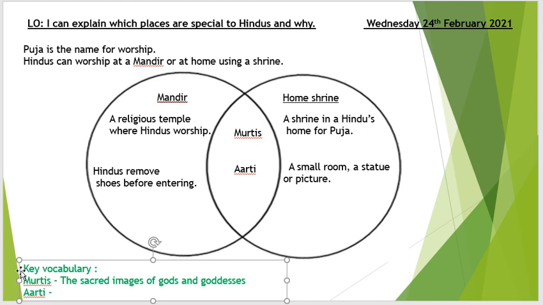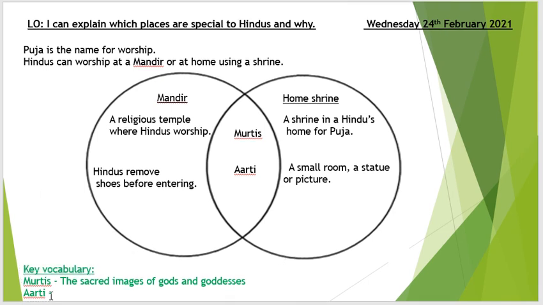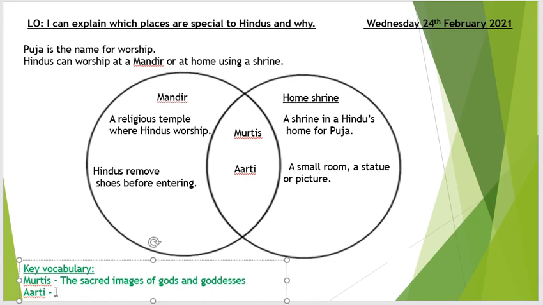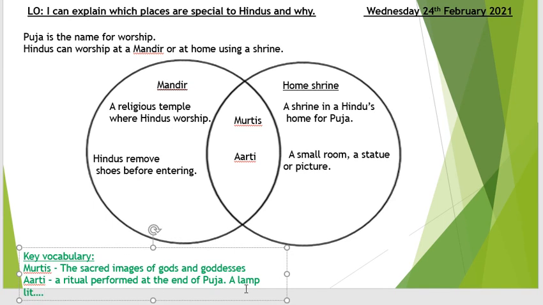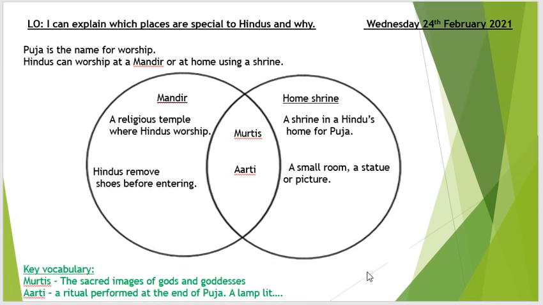So what I decided to do is just do a heading that says key vocabulary, followed by a colon. And then I'm just going to explain what I know about these two things. So murti is the sacred images of the gods and goddesses. And the arti is a ritual performed at the end of puja. And I could go into more detail, a lamp lit, and I could explain what happens.